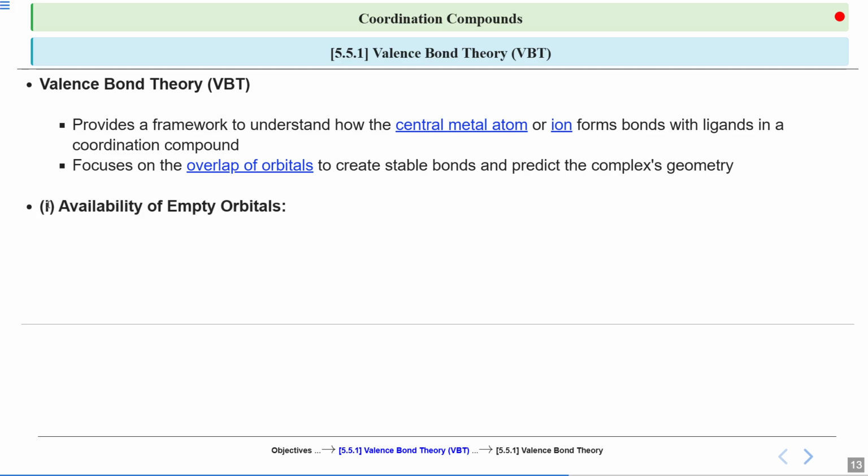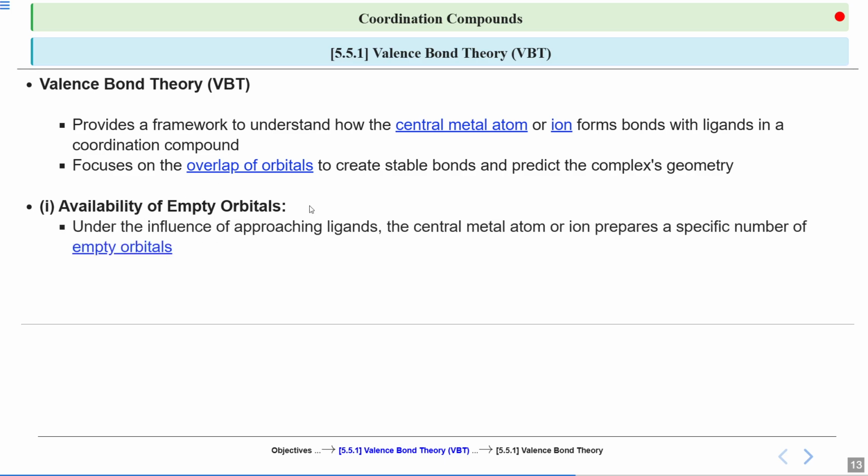The first factor we are going to focus on is the availability of empty orbitals. For the overlapping, there should be empty orbitals available in the element. Under the influence of approaching ligands, the central metal atom or ion prepares a specific number of empty orbitals, because it wants to form bonds with the ligands to make a stable complex structure.